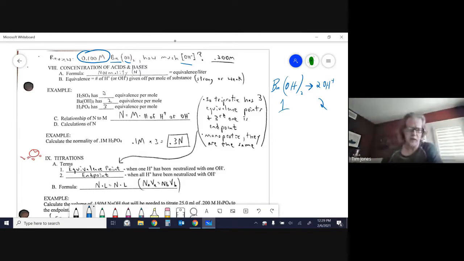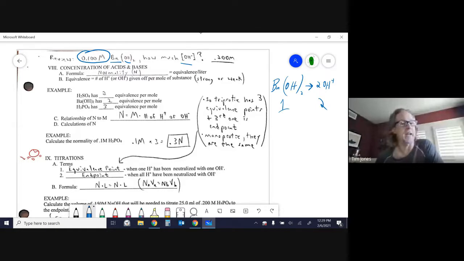Now this concept of a base giving off double the hydroxide or an acid giving off double the hydrogen or even triple the hydrogen, there's a special form of concentration that accounts for that. You're going to think I'm making this up, but I'm not.